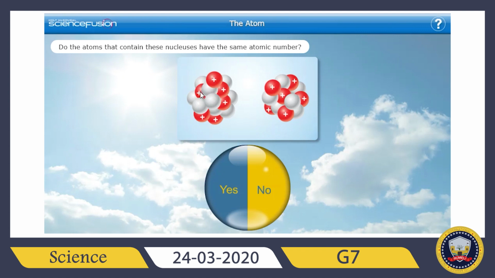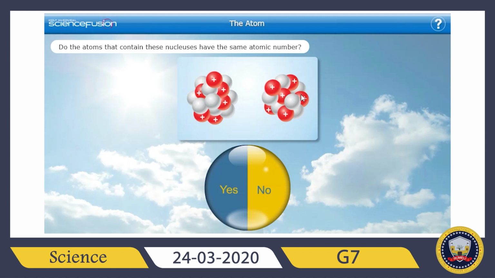So we have 1, 2, 3, 4, 5, 6 protons and 2, 4, 6, 8, 9 neutrons here. On the other hand, we have 6 protons and 6 neutrons here. We say that atomic number is equal to the proton number.